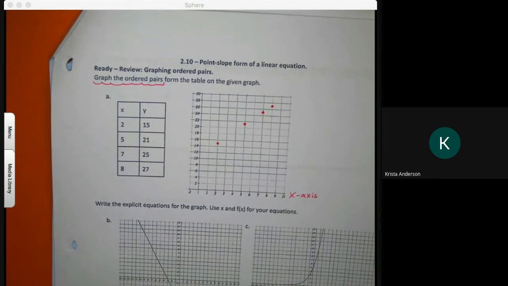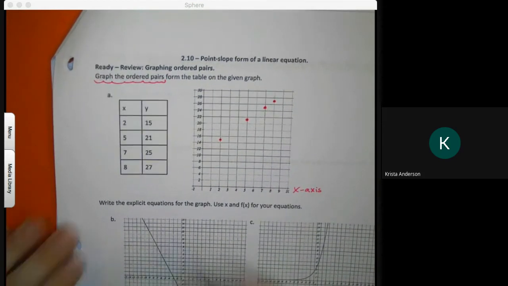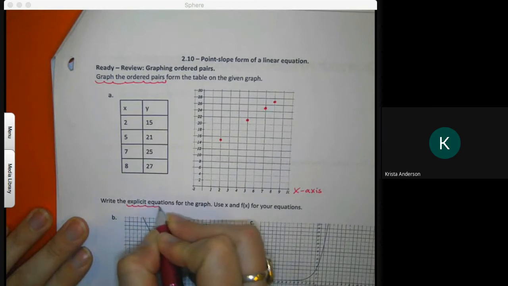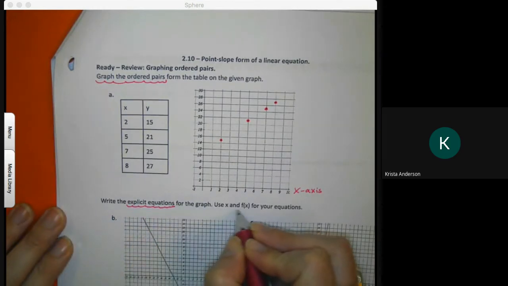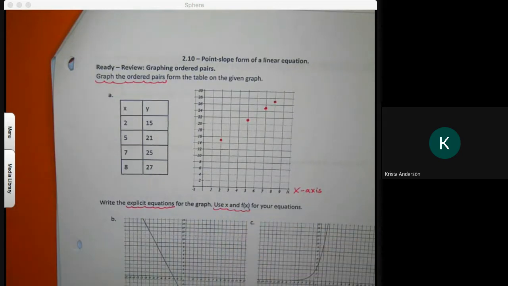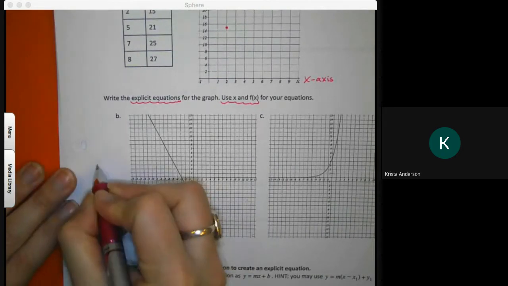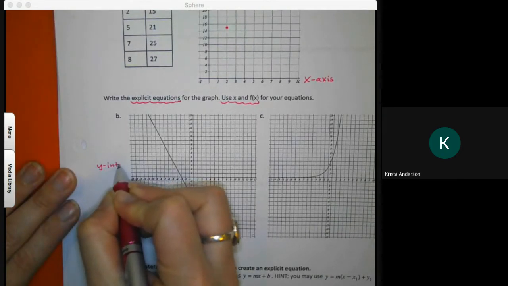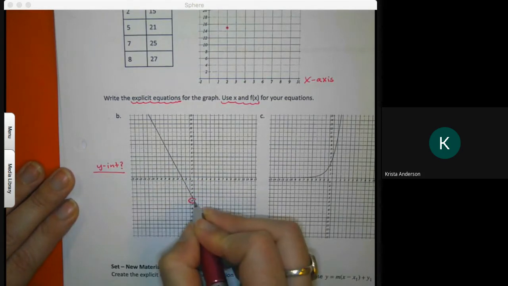For question B, it wants me to write the explicit equation for the graphs, and it wants me to use f of x and x. For B, I look for the y-intercept. The y-intercept is at -6.